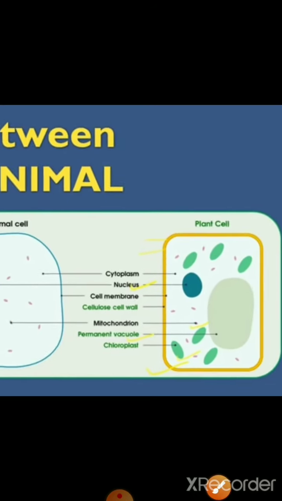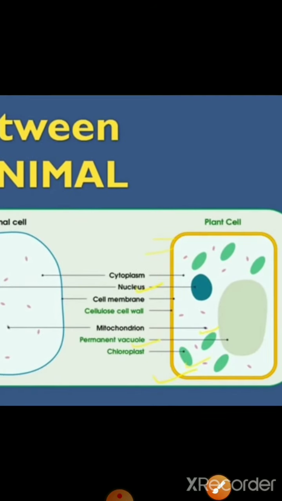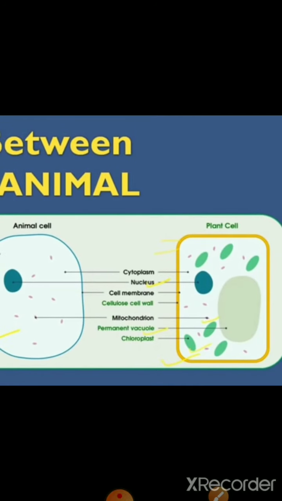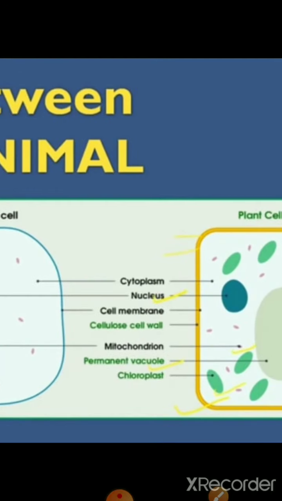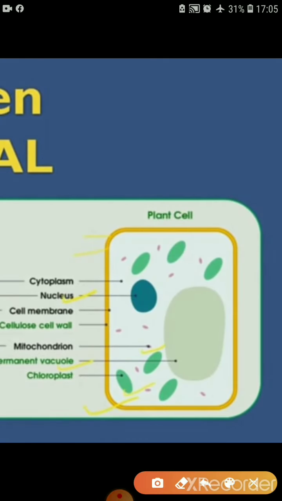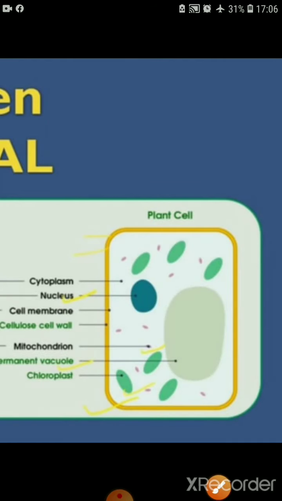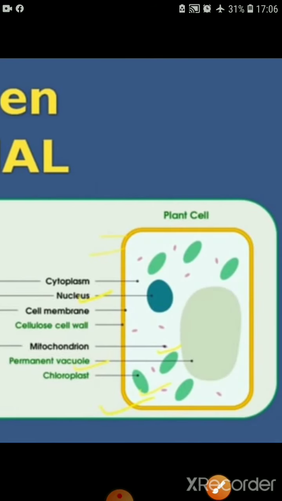Next is the permanent vacuole. We already talked about this; it is an organelle which a plant cell has, right. In plant cell it is big in size. As you can see, this is the vacuole, and this is the shape of the vacuole. It is present only in plant cell, but it is big in size.